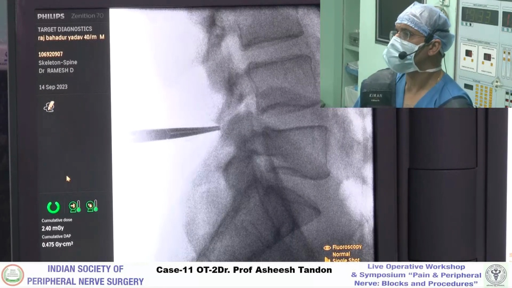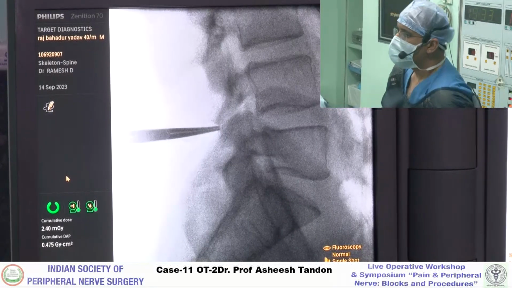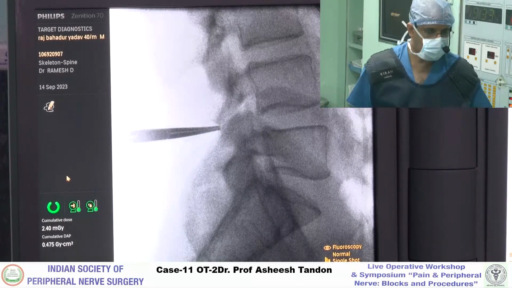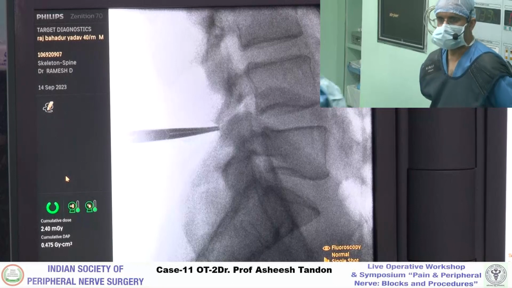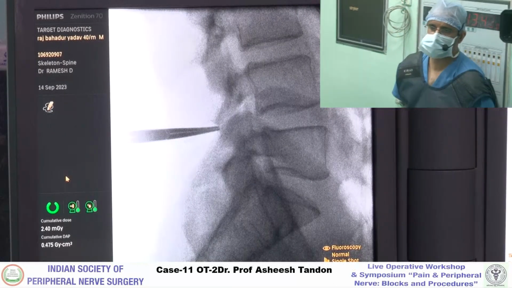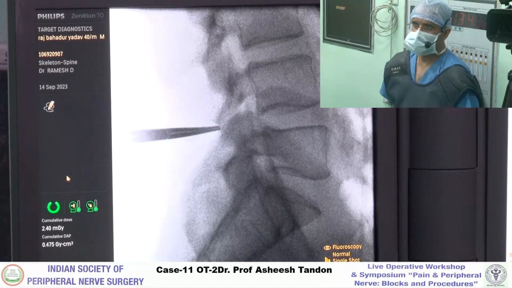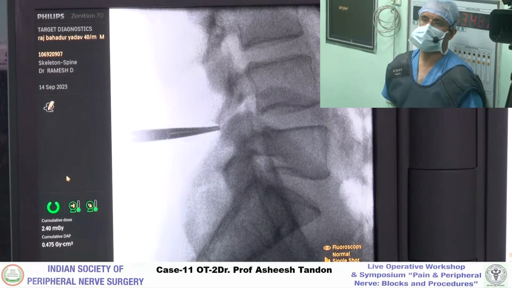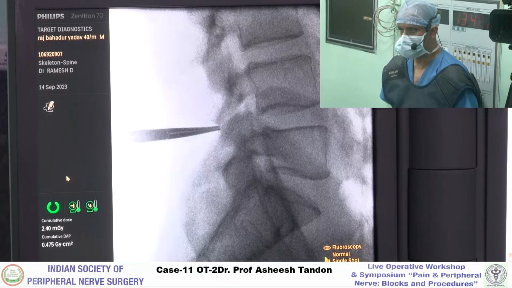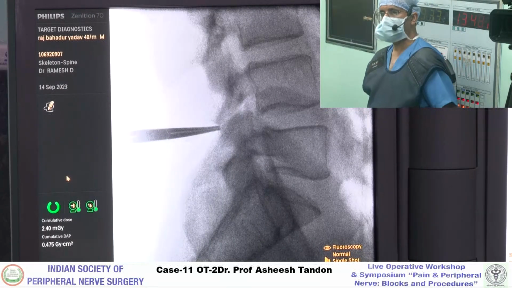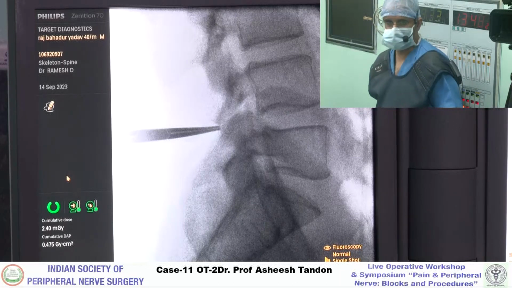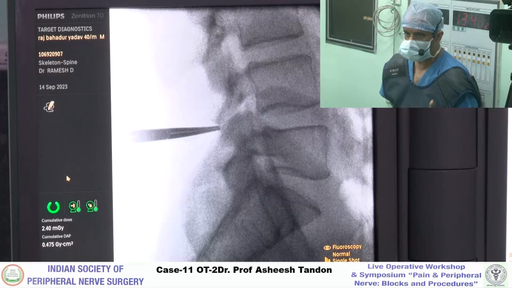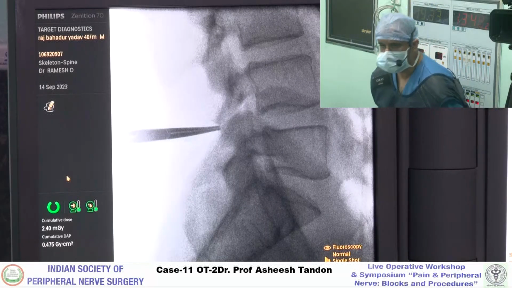Yeah. I mean, in the past we have been using systemic steroids, and even now, for cervical radiculopathy, we do tend to use steroids for the short term. However, the local route is definitely more effective than the systemic steroid. That is number one. And number two, the side effect profile.